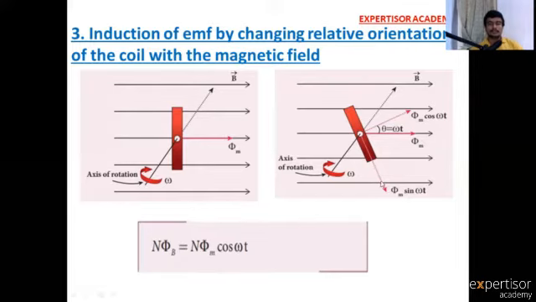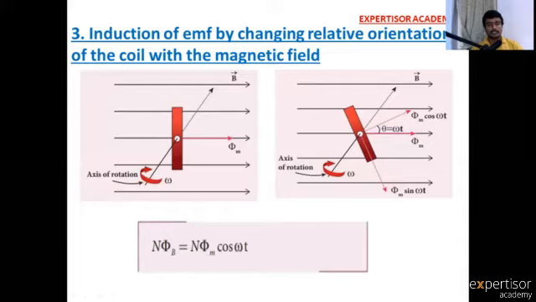Using the horizontal and vertical parts of the flux, the horizontal part multiplied by the number of turns N gives N phi B, which is equal to N phi m cos omega t.